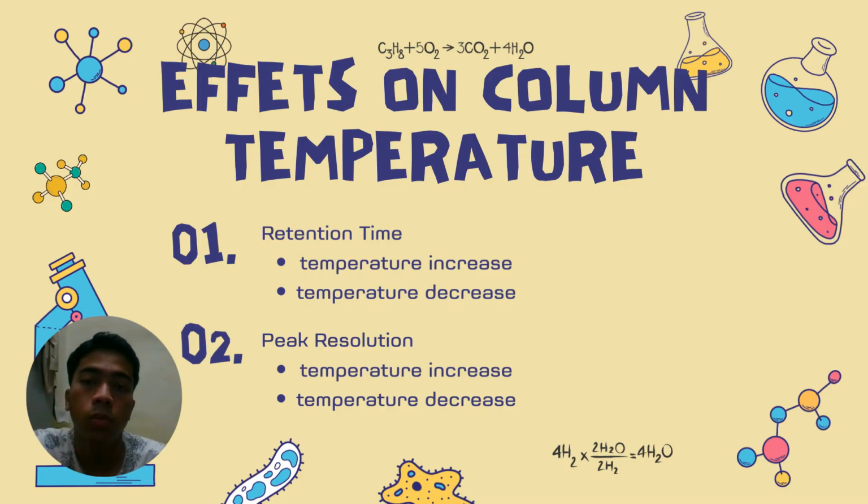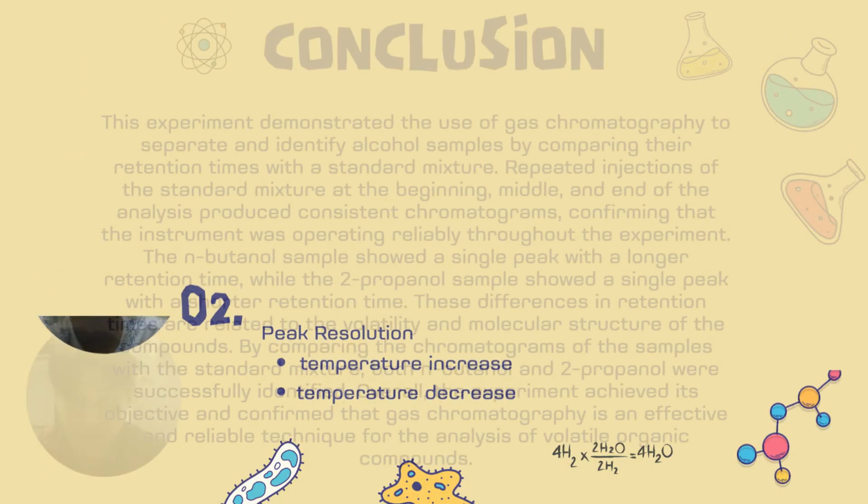While if the column temperature is decreased, it will generally improve peak resolution because compounds spend more time interacting with the stationary phase, allowing subtle differences in their chemical properties to become more pronounced. This results in better separation between peaks, although at the cost of longer analysis times.